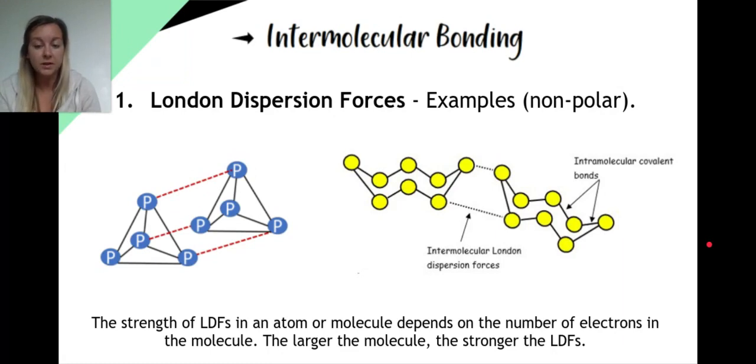And why was that? That was because as each of the molecules get bigger, the intermolecular forces of attraction are larger or stronger. And this is the reason why. It's because the London dispersion forces are stronger in molecules or atoms with greater numbers of electrons. So that's why as you increase in size, you increase boiling point, because the London dispersion forces are getting stronger.